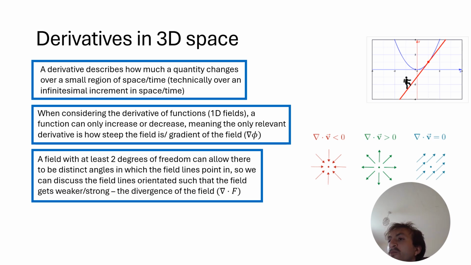So for a one-dimensional field, the divergence of that field would always be 0. That's why it would be pointless to try to apply the idea of a divergence to a one-dimensional field, because by definition the divergence would have to be 0. So that's why we need more than one dimension if we're going to talk about the divergence of a field.